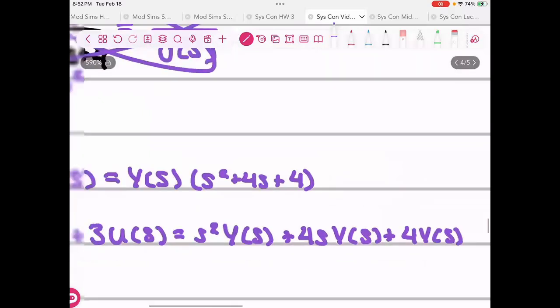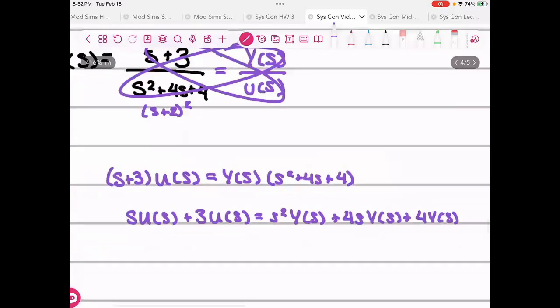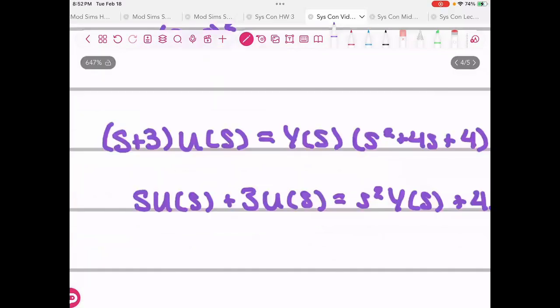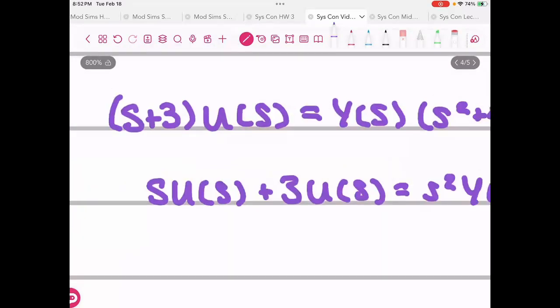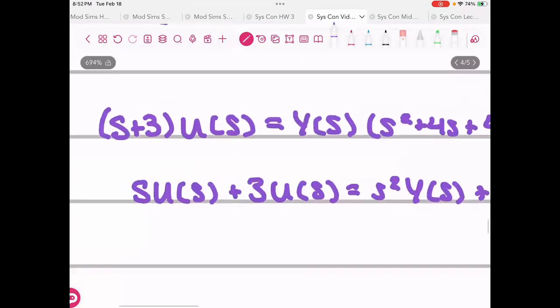Now this should look familiar to you. If you want to pause the video and try to figure this out from here, feel free to. But otherwise, this looks a lot like a Laplace transform. Then we can take the inverse Laplace transform to get back to our y of t. Remember that when you multiply something by an s, you're essentially taking the derivative. So this actually turns into u dot of t.